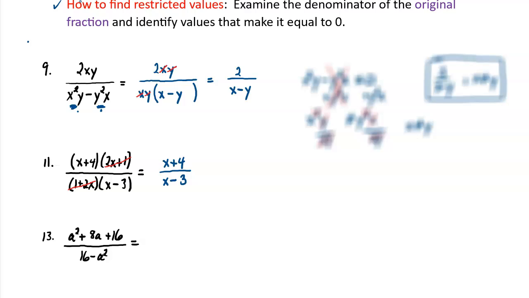Now we're going to get the restrictions. The denominator cannot be equal to 0. So I look at the original problem, and the denominator is 1 plus 2x times x minus 3, and I want to state that that can't be 0. Now that's already in factored form, so using the zero product property, we know that we examine each factor and list that each factor cannot be equal to 0.